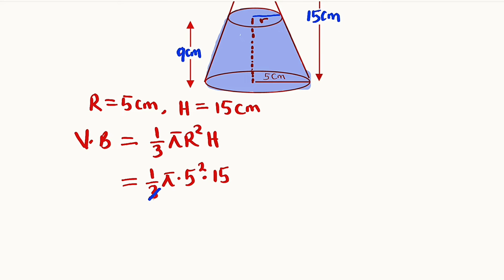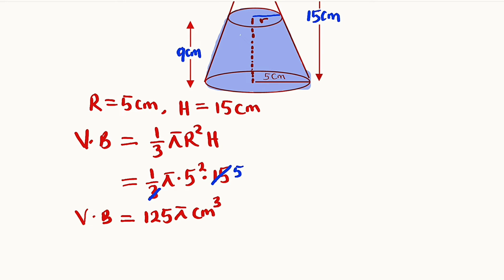From here, you can see that 3 can go into 15 5 times. So all we have left is 5 squared, which is 25, multiplied by 5, which is 125, multiplied by pi is 125 pi centimeter cubed. So this is the volume of the bigger cone.